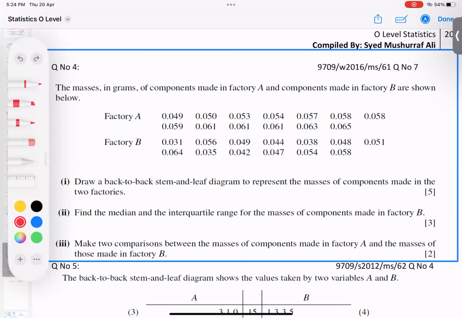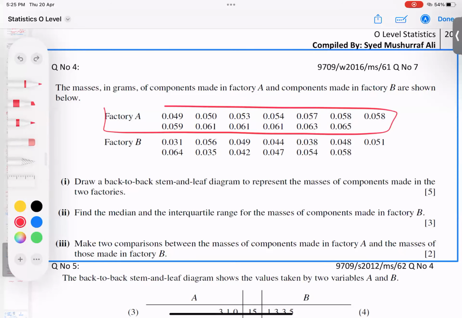Bismillah ar-Rahman ar-Rahim. Students, let's start. I hope you've taken a reasonable time. Now I'm going to do this question myself. The masses in grams of a component made by factory A and factory B. Let's say they make nuts, aluminum nuts or maybe iron nuts, their mass in grams, or screws.